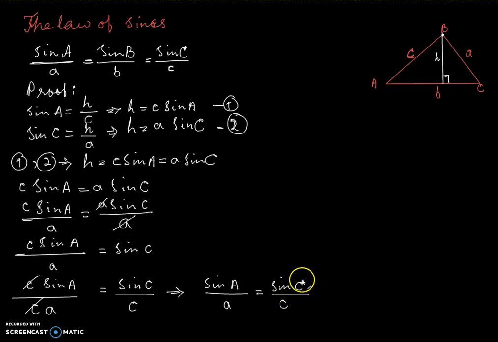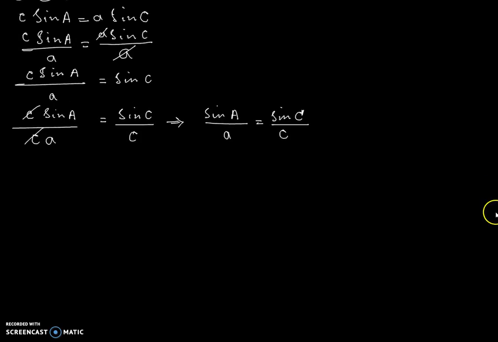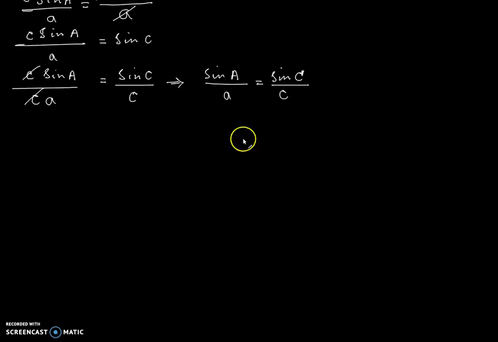So this is basically capital C and this is small c. If you pay attention to this relationship, you can see that this is the first part, I mean, this part and this part of our original relationship.